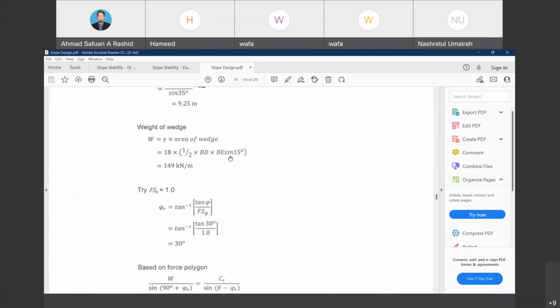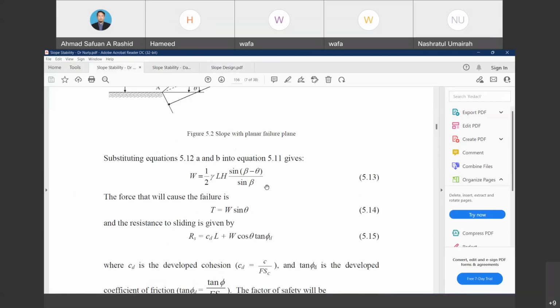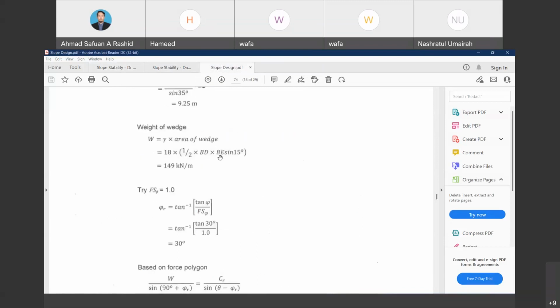So you can use this formula and try to compare with the result from this example later on. So then we do a trial and error approach. The Fs is equal to 1.